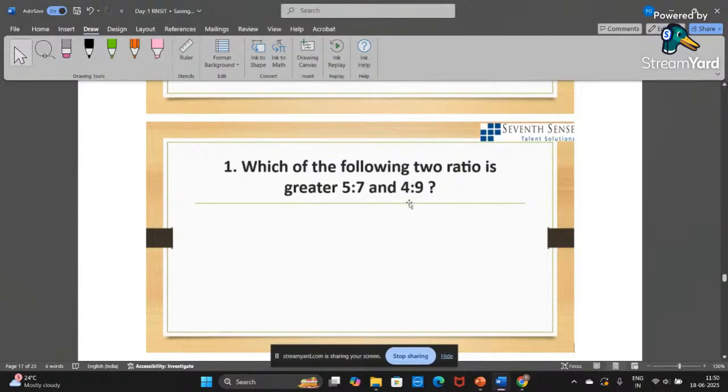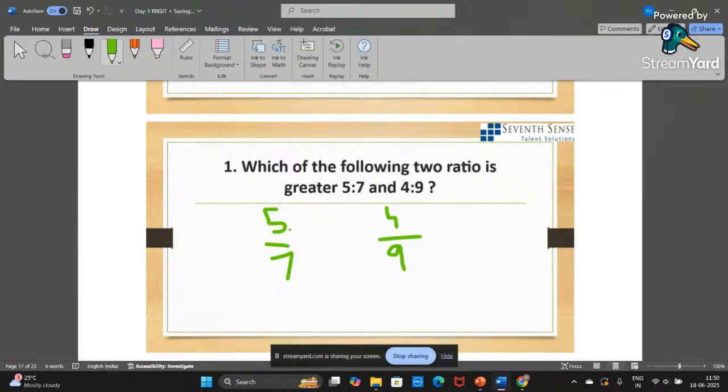Which of the following two ratios is greater? We need to find out which of these two ratios is the greater one. This 5 to 7, we can write it as 5 by 7, and this can be written in the form of 4 by 9. When you want to compare these two ratios, it is very simple: you have to cross multiply.